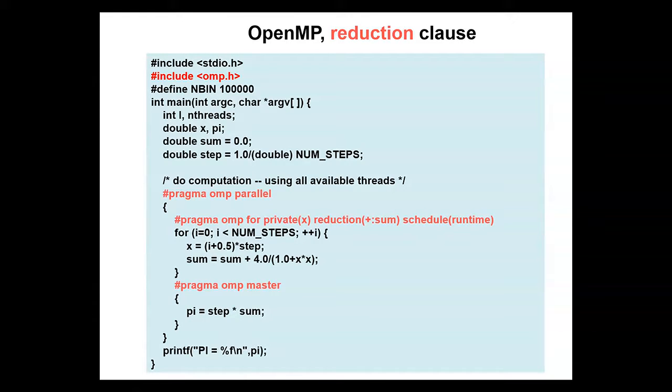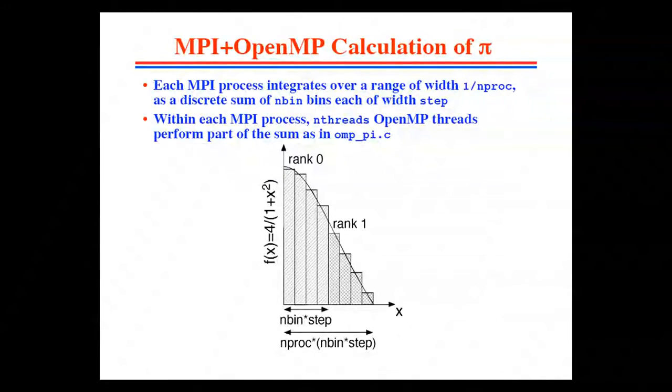Now we want to combine them together. The concept here is quite straightforward. We can let each MPI process take a part of the task, so each MPI process integrates over a range of the weight.